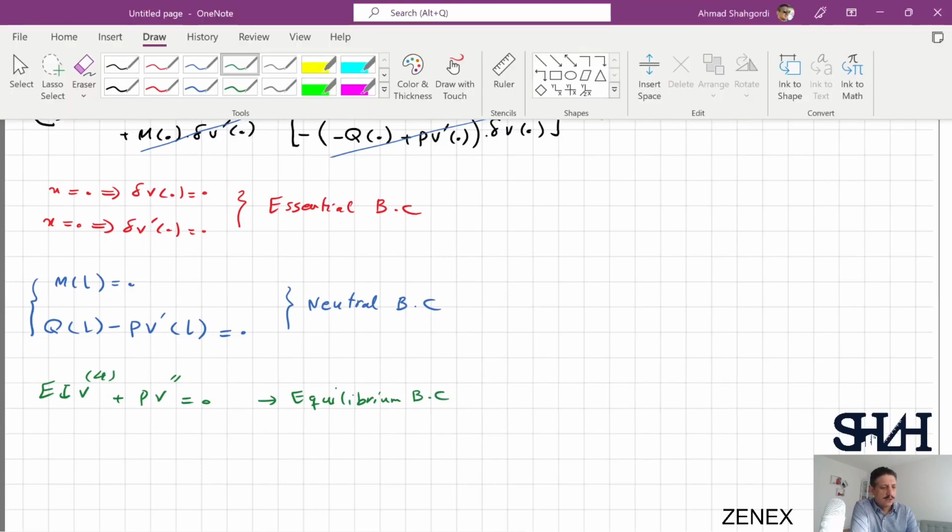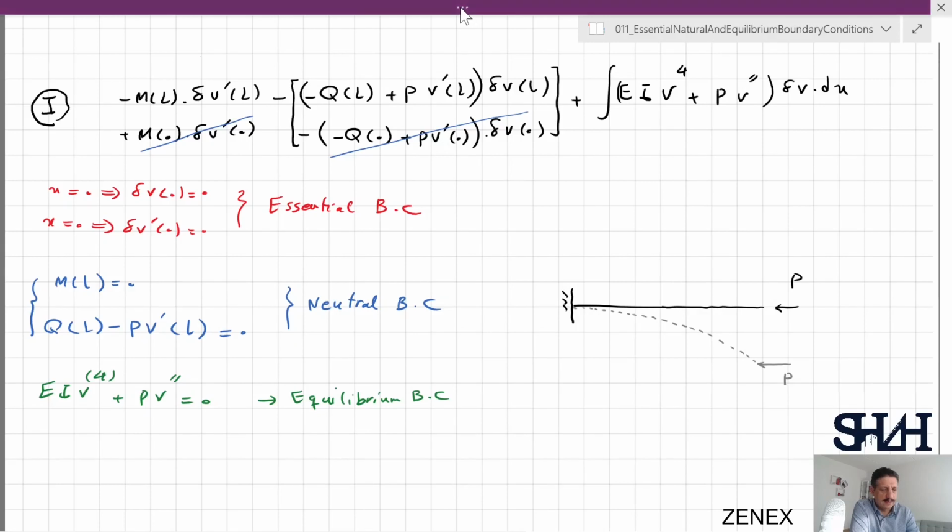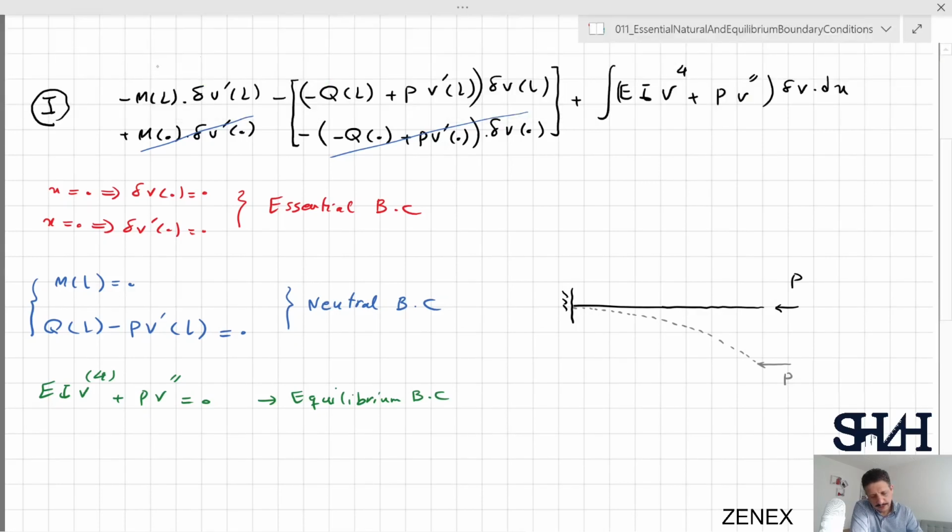If you are interested in why we have shear force at the end of the beam, if you sketch the beam and the deformation is sketched, the force is here, and now to calculate the shear force, we need to apply the cut perpendicular to the deformation form.